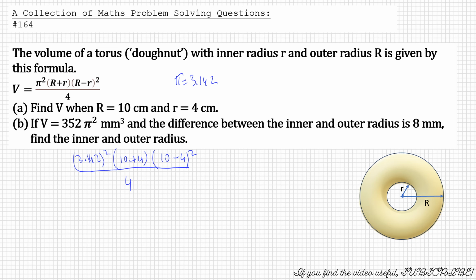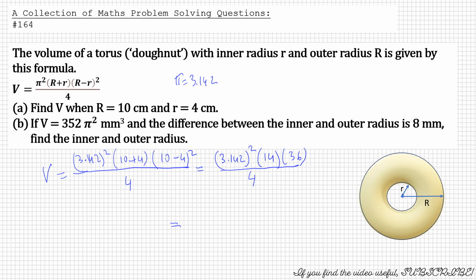So that would equal 3.142 squared multiplied by 14 multiplied by 36, 6 squared, and divided by 4.